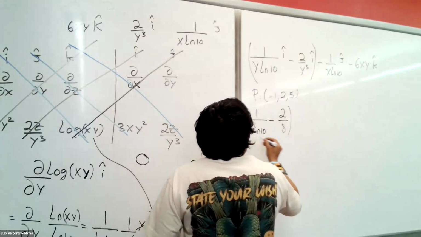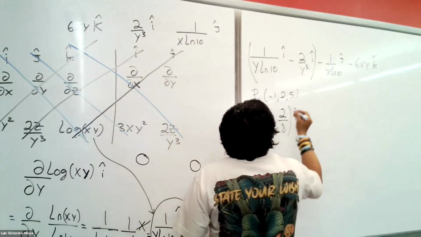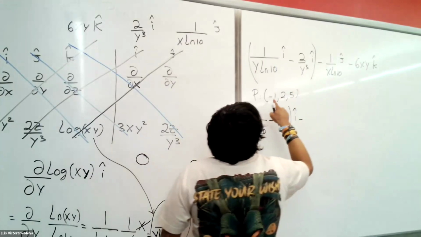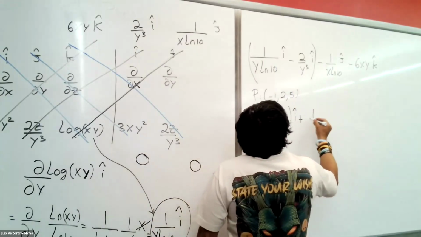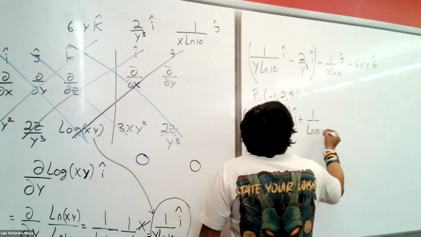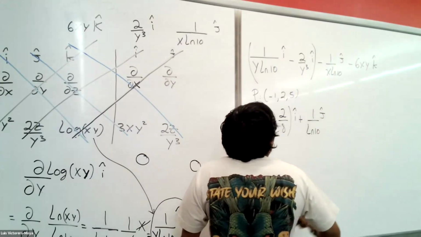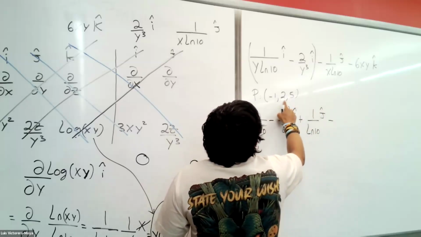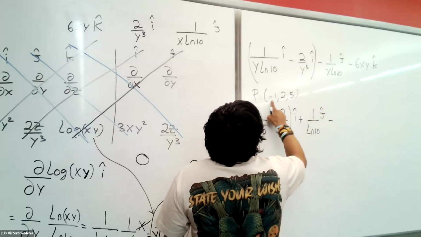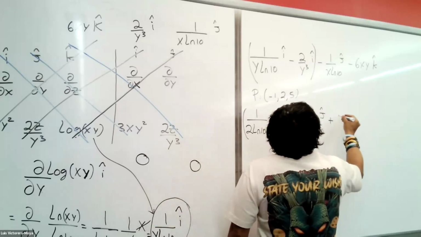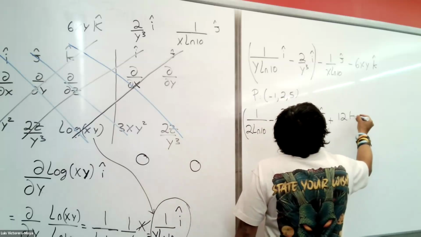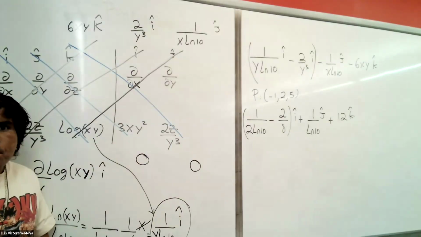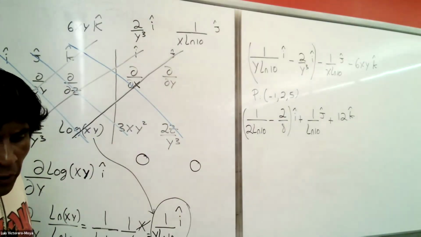That's all in the I. Minus 1 over minus 1 plus 1 over natural log of 10 j, minus 6xy plus 12. Okay. There you are. That's how you do curl.